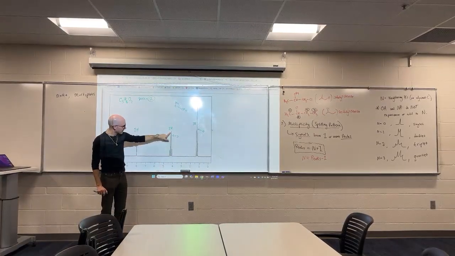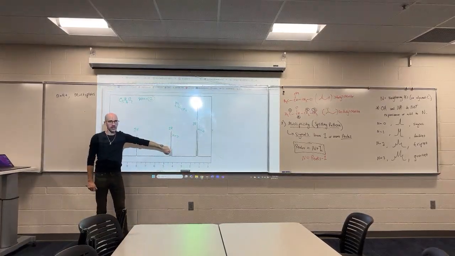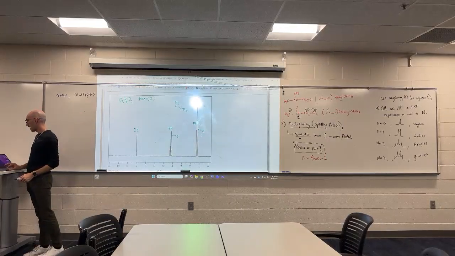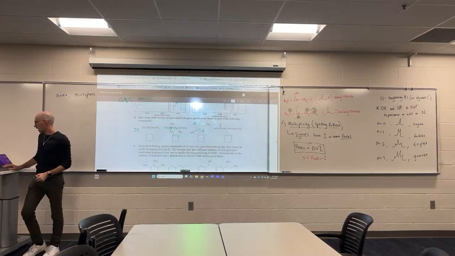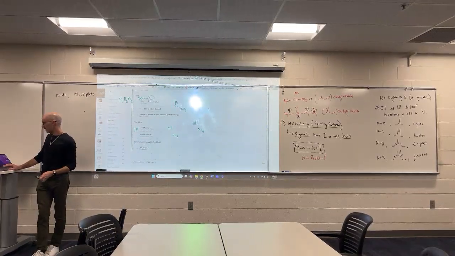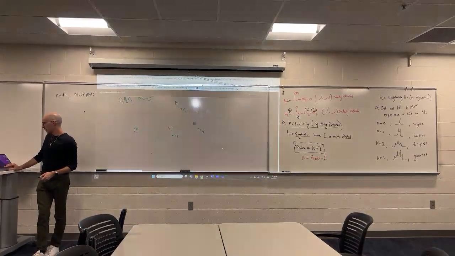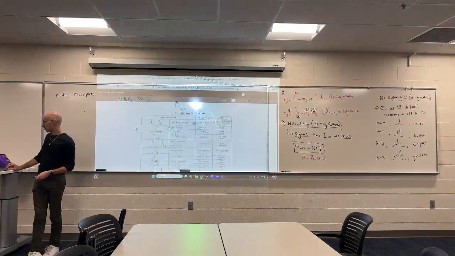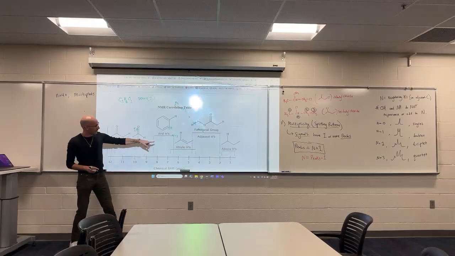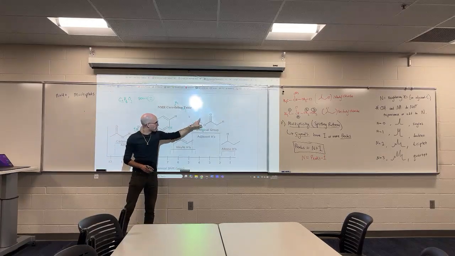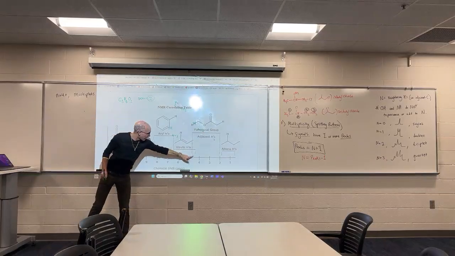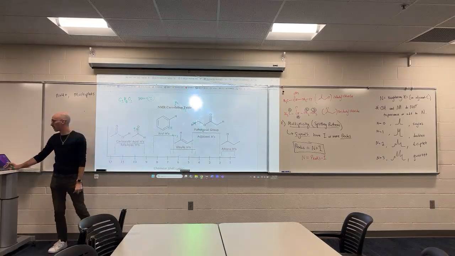The fact that my CH2 is so far left, keep in mind that this is almost to the edge of our functional group adjacent range. The fact that this is so far left tells me that that CH2 is most likely bonded directly to an oxygen group. 4.5 is about the edge of this, and we're at 4.25.